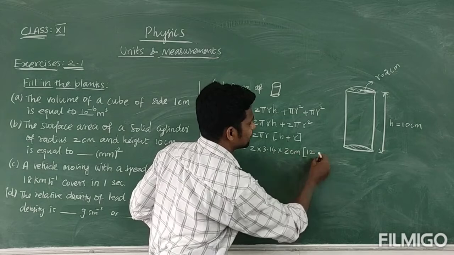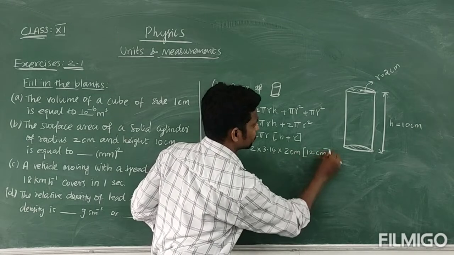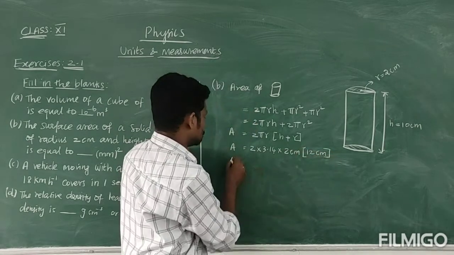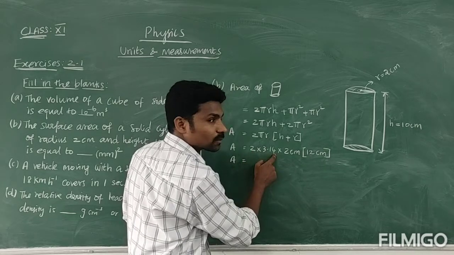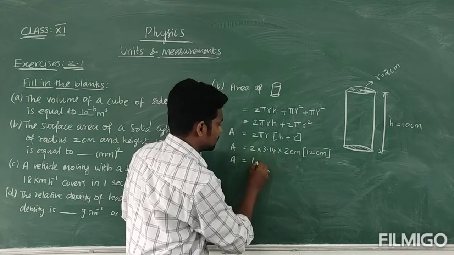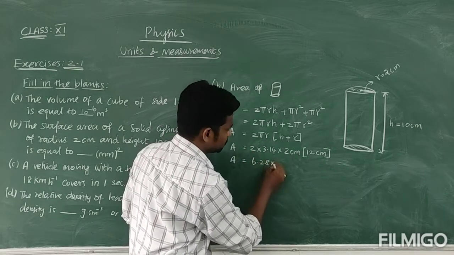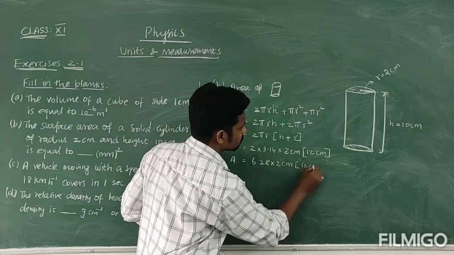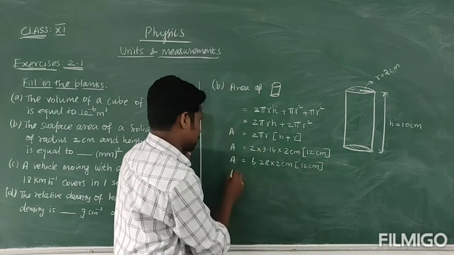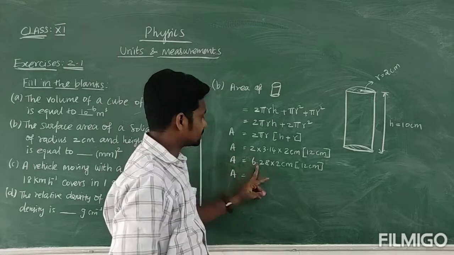So therefore area is equal to 2 into 3.14, we can write 6.28, into 2 centimeter, then into 12 centimeter.